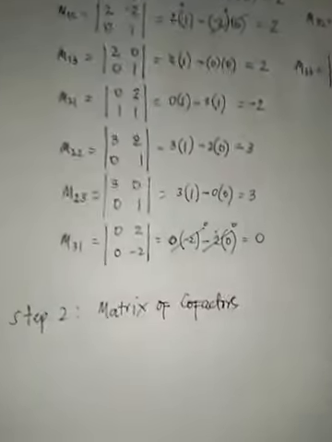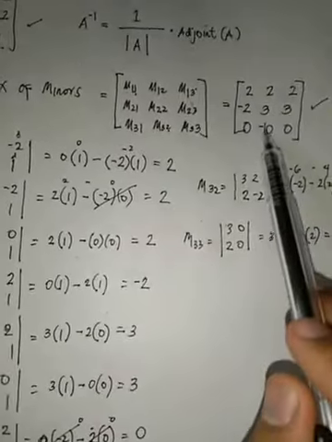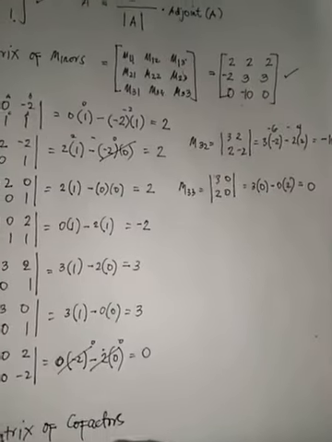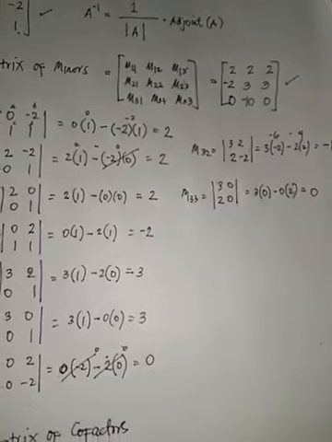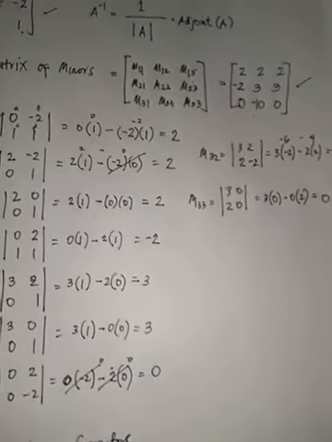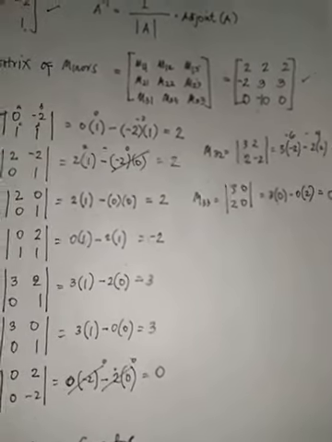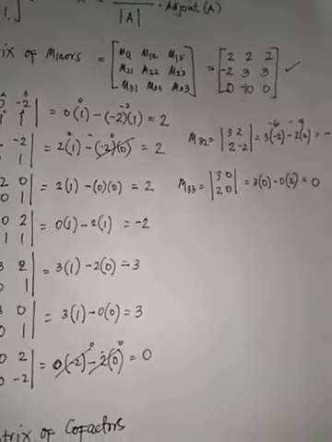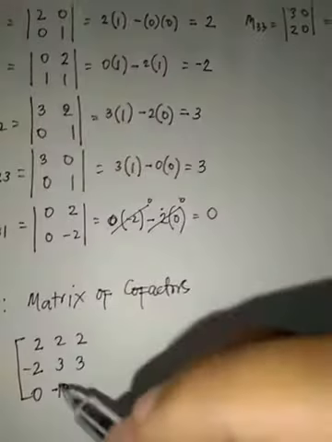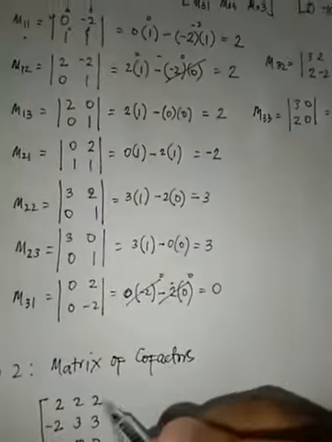So, simple lang ang matrix of cofactors. Ang gagawin na ninyo is ito lang. Diba ito yung ating matrix of minors? Sige, kopyahin natin to, ha. Okay. We have 2, 2, 2, negative 2, 3, 3, 0, negative 10, at saka 0.